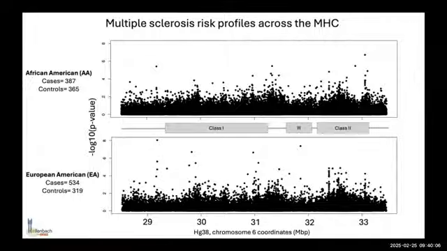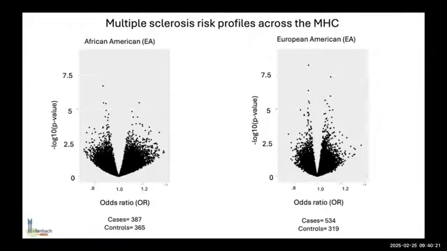Part of the issue that I've spent quite a bit of time on has been figuring out how we go from this to actual target or candidate SNPs, or very precise regions of the genome to focus on. One way we thought about this is the volcano plot version of that, where you have the significance on the y-axis, as in the previous slide, but instead of genomic position, we're showing odds ratio.